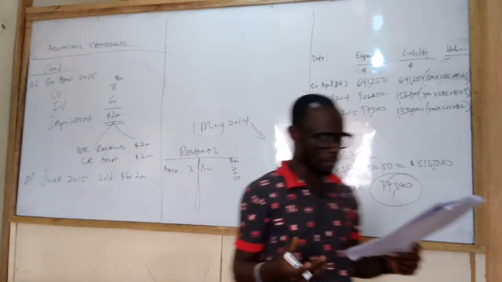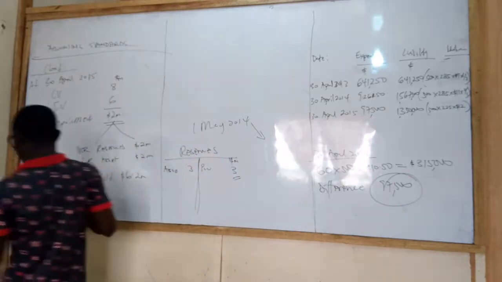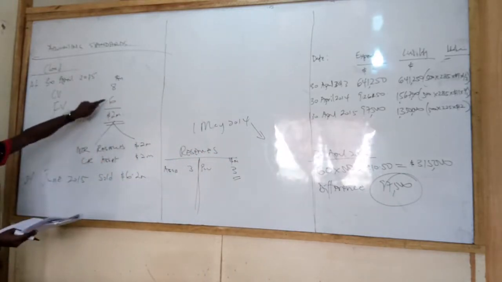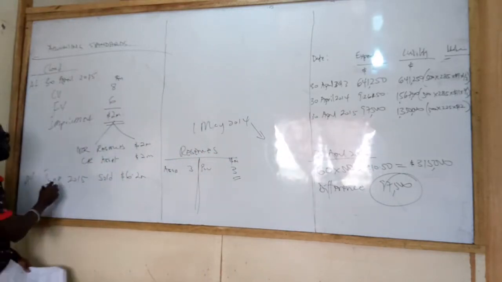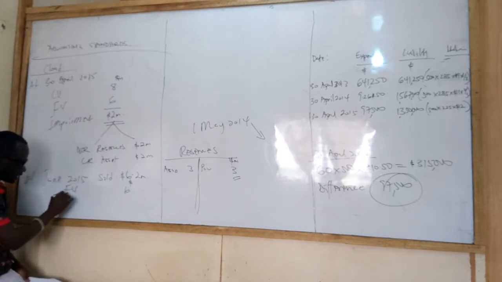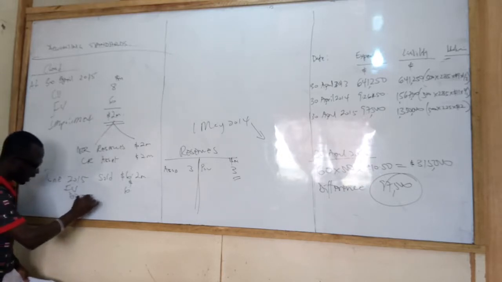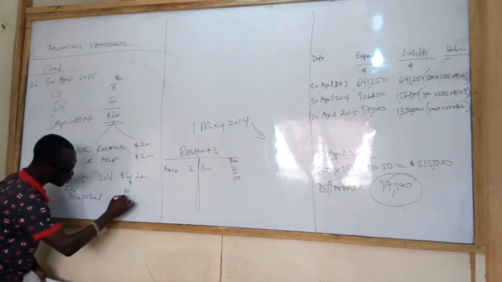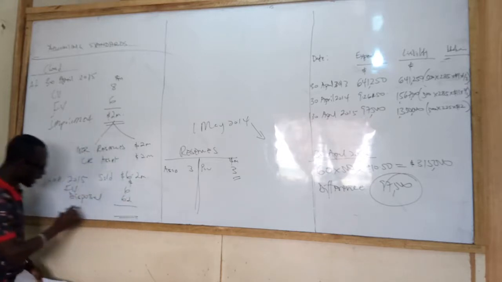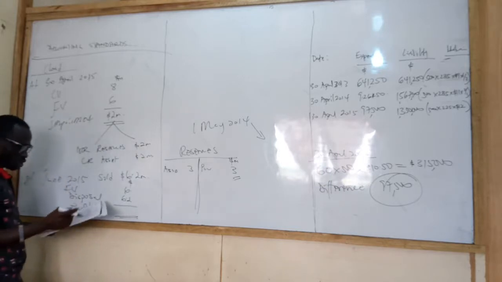It was 6 million, so fair value 6, disposal 6.2, so we're making a profit of how much? 0.2.